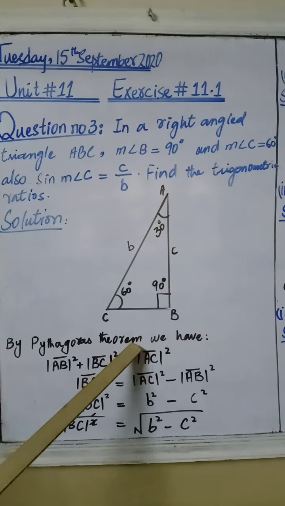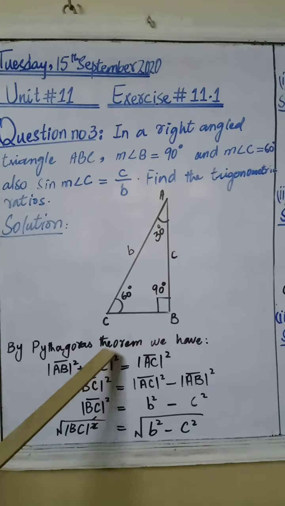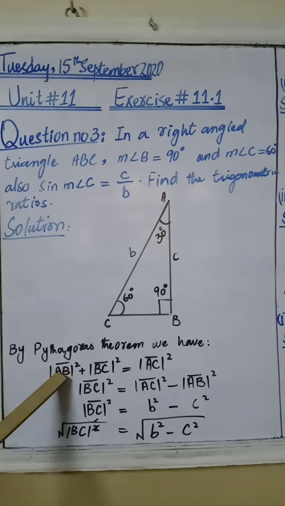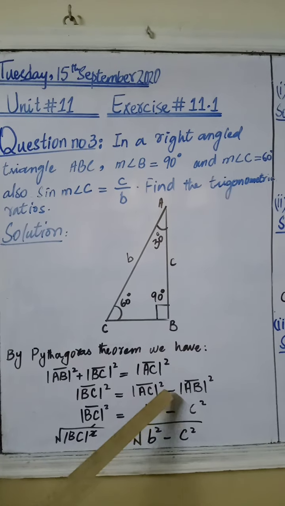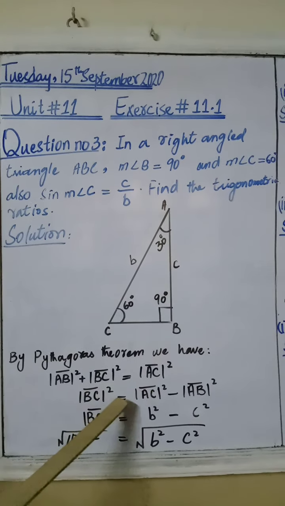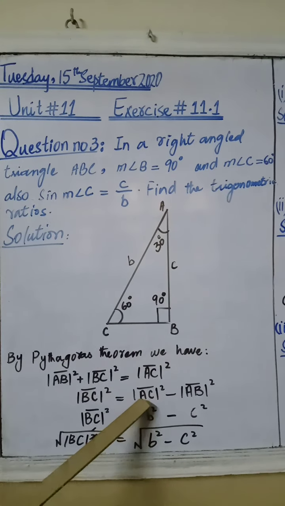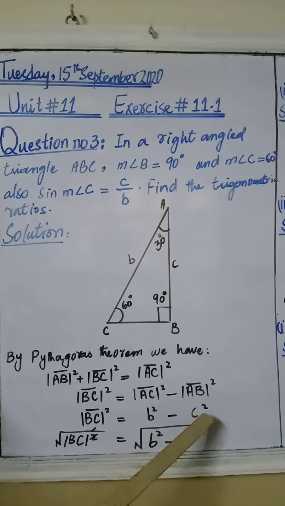By Pythagoras theorem we have AB square plus BC square is equal to AC square. Here AB square is added, so when we put it on the other side, it must be subtracted from AC square. So BC square is equal to AC square minus AB square. We have the values of AC and AB: AC is equal to b and AB is equal to c.